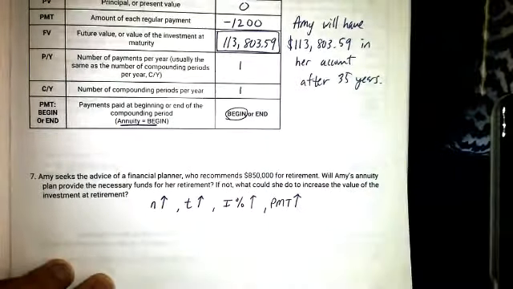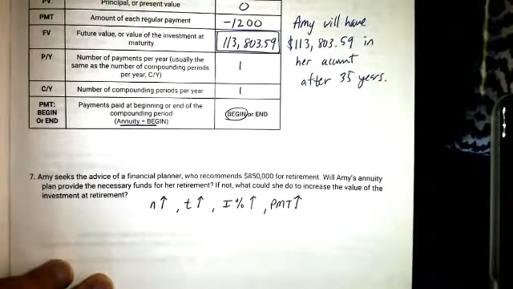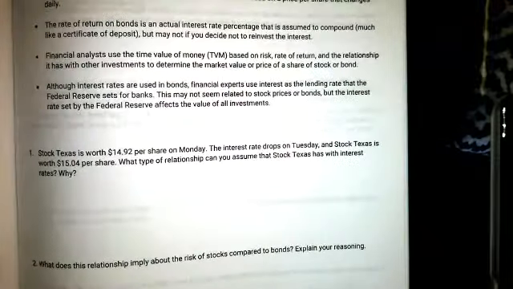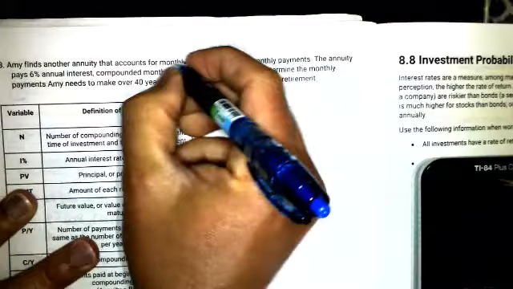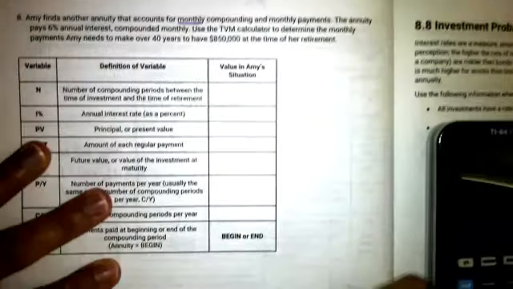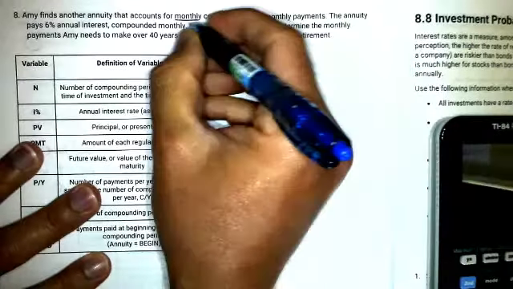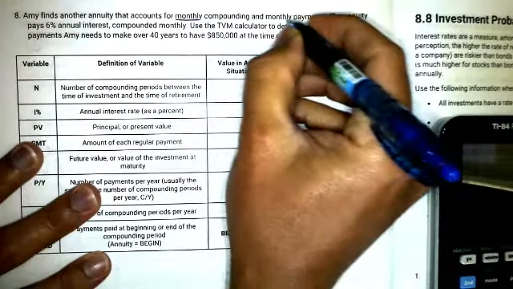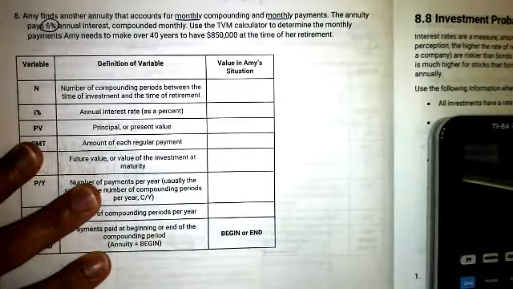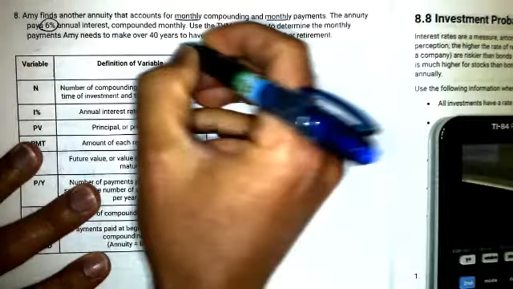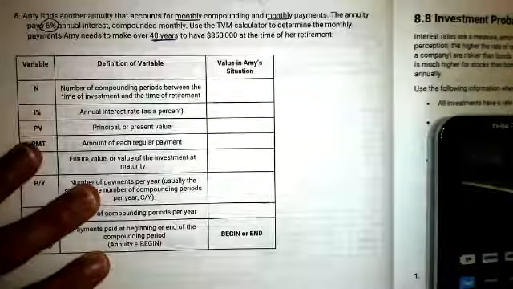So it's now compounding monthly. We're on page 112 here. She's now compounding monthly and it has monthly payments. It's got 6%, up from 5%. She increased from 35 years to 40 years. And we want to determine the monthly payments that she needs to make to reach that amount of money.